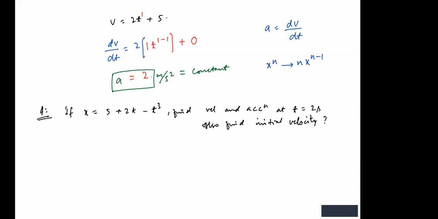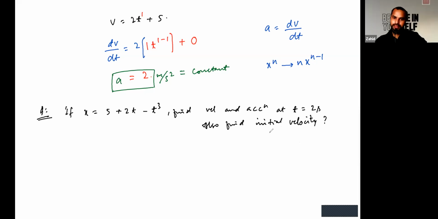So do we have to find the velocity also at 2 seconds? Yes, initial velocity as well as velocity at 2 seconds, both.